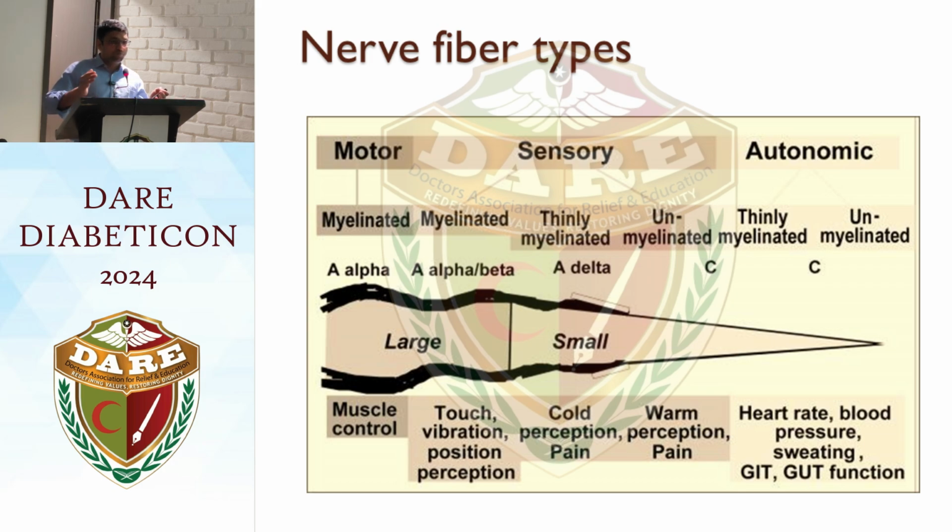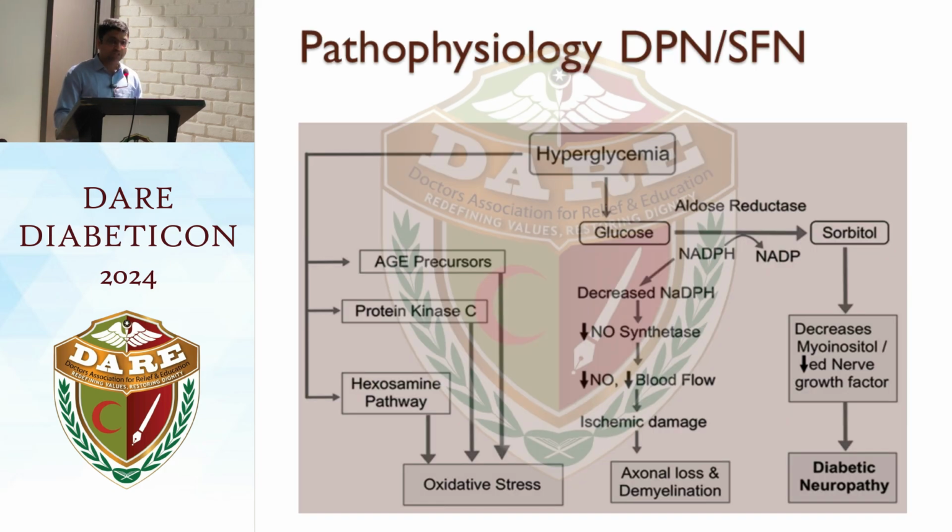So the diabetic polyneuropathy, which I am going to cover first, is more a large fiber neuropathy than small fiber. However, it can be in combination as well. So what is the basic pathophysiology of diabetic polyneuropathy and small fiber neuropathy? Whenever there is hyperglycemia, that will lead to advanced glycation end products.